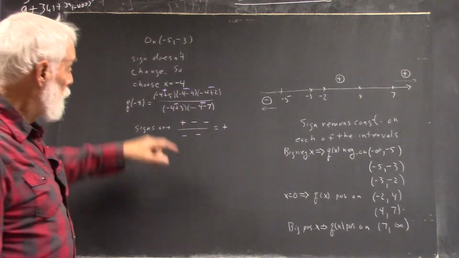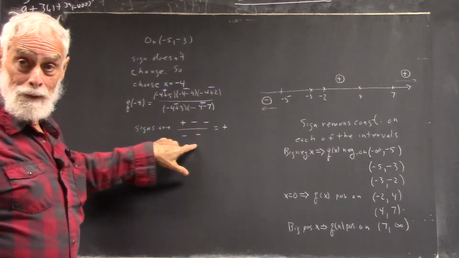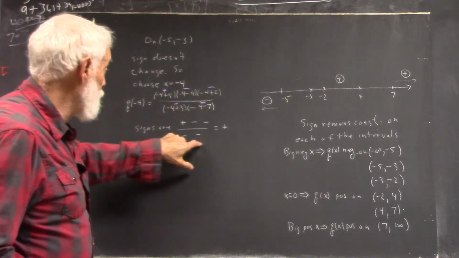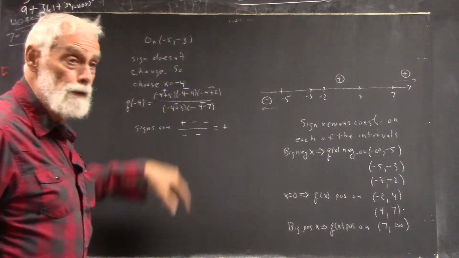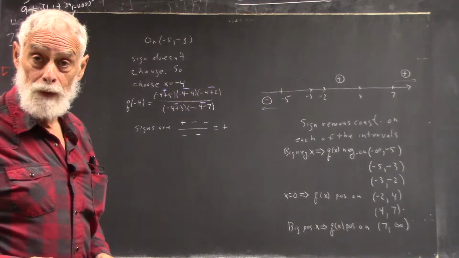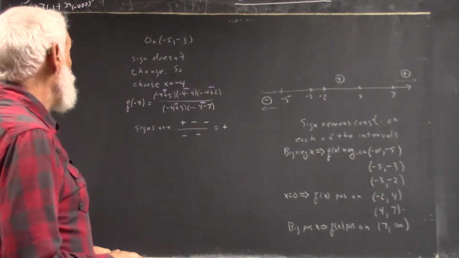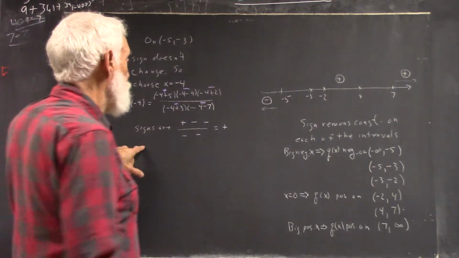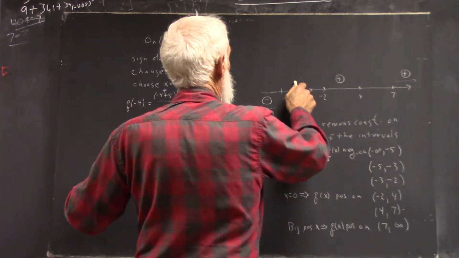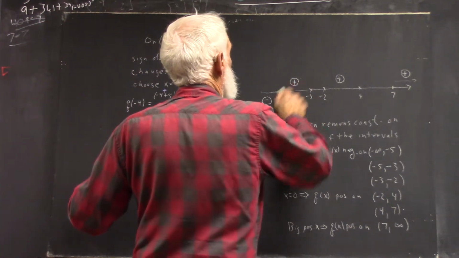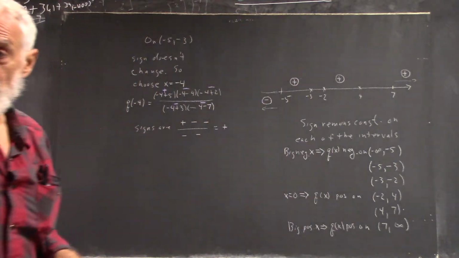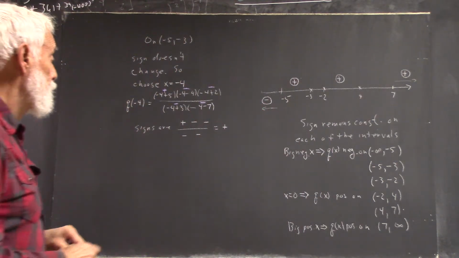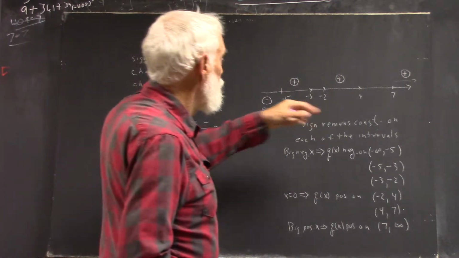I've just abbreviated that down here. So just make sure you see where these signs come from. I'm just writing the signs of these quantities here. Okay? These factors. Okay, so we can say that on the interval negative 5 to negative 3, the thing is positive, right? Okay.